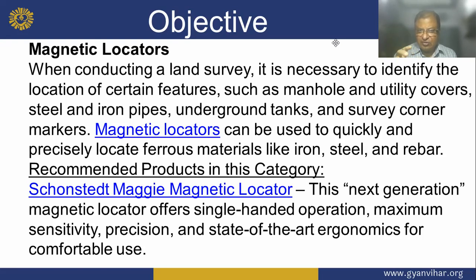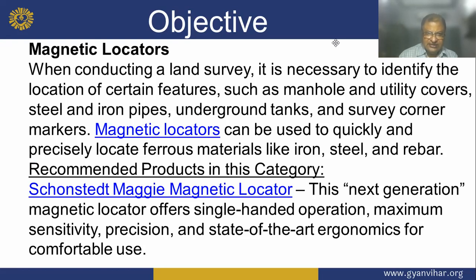So a magnetic locator can be used to quickly and precisely locate ferrous metals like iron and steel. Recommended product in this category.